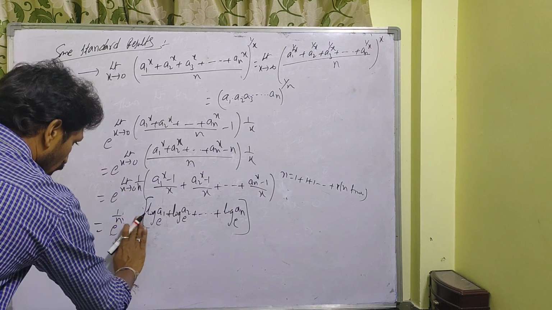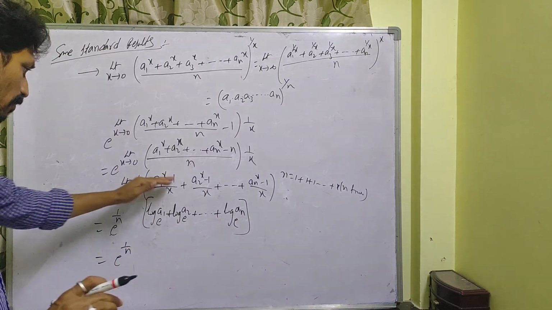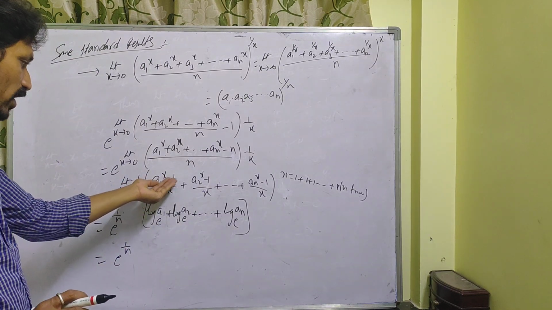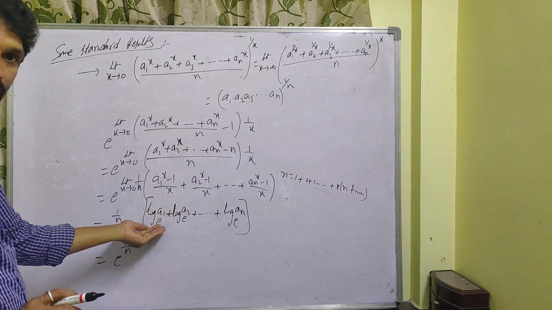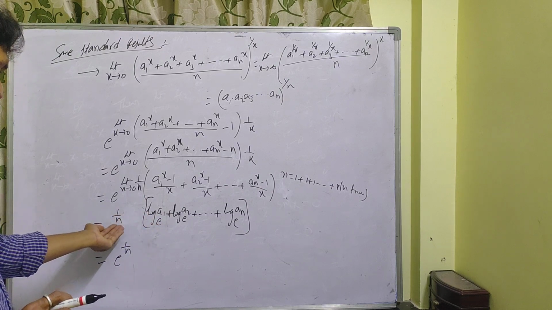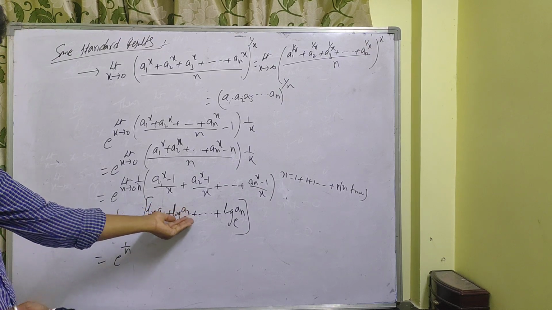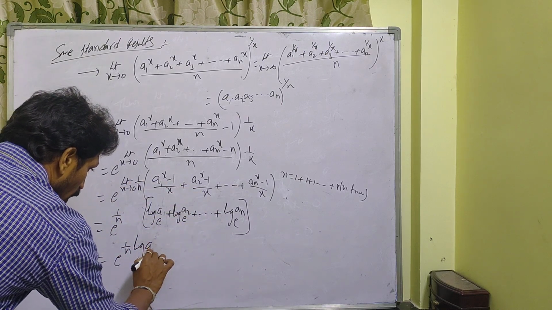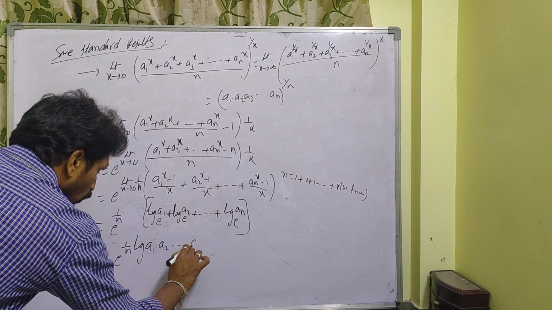So after applying the formula, limit x tends to 0, a1 power x minus 1 by x only, log a1 to the base e. So this is 1 by n into log a1 base e plus log a2 base e and so on. So this is 1 by n into log of a1, a2 and so on, an.